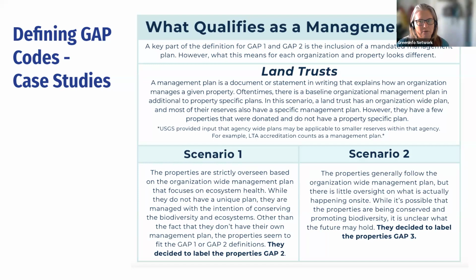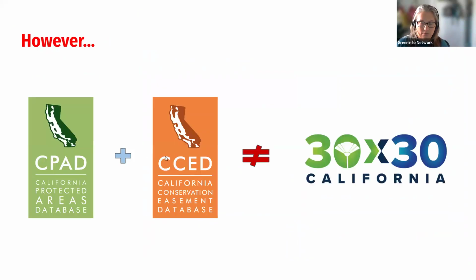One thing we're also suggesting now, as more and more folks are able to fill out their gap code information, is to look for similar properties to yours. We're looking for conceptual consistency. If you can think of another agency near you that has already assigned gap codes and you feel like your lands are pretty similar, you can start to use theirs to inform. I will show some examples, but just a reminder, you can't just add these two together and get it.